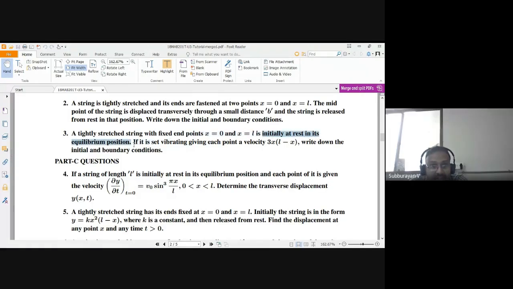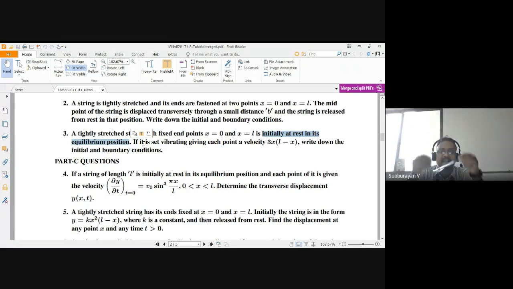I will come to this. It is in its equilibrium position, and if it is set vibrating, okay. For example, I take that pen and consider it as a string. I keep it on my table. Say my table is the x-axis, but the table has some initial vibration.